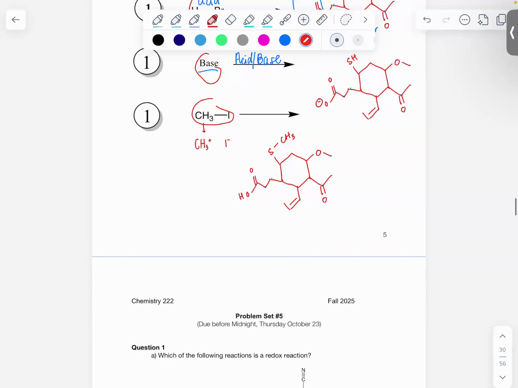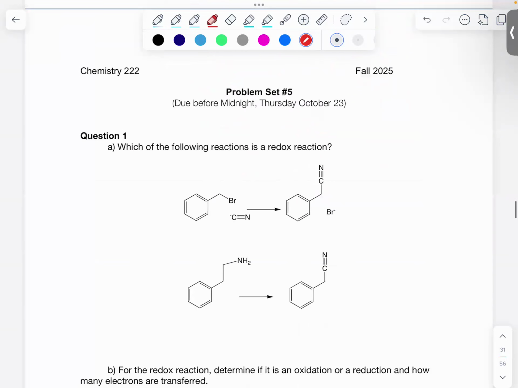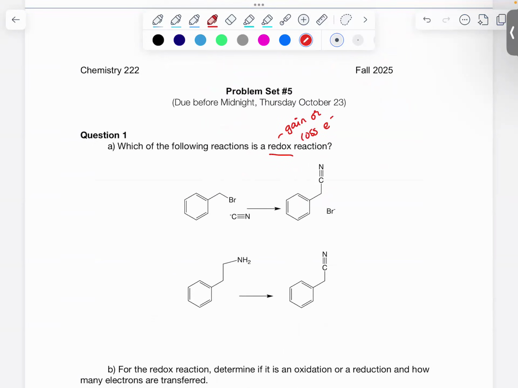reactants. Okay, moving on to homework set number 5. First, we're looking for redox reactions. And so redox reactions are the gain or the loss of electrons.